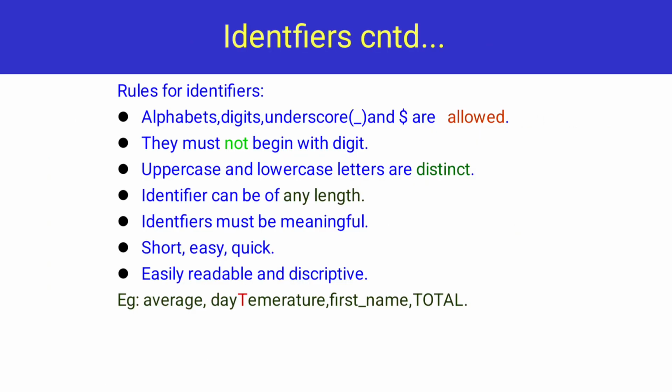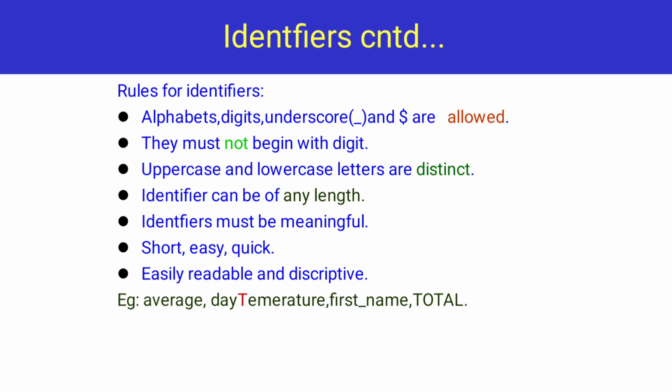Now moving towards the identifier. What is an identifier? Identifiers have some set of rules that are followed in Java, C, C++, or any kind of language. The rules are as follows. The first rule is that an identifier starts with an alphabet; digits, underscore, and dollar sign are allowed.